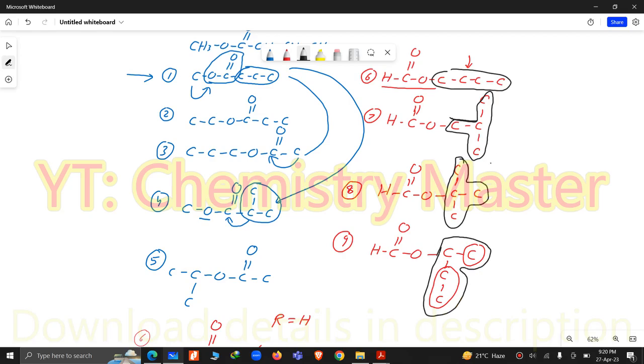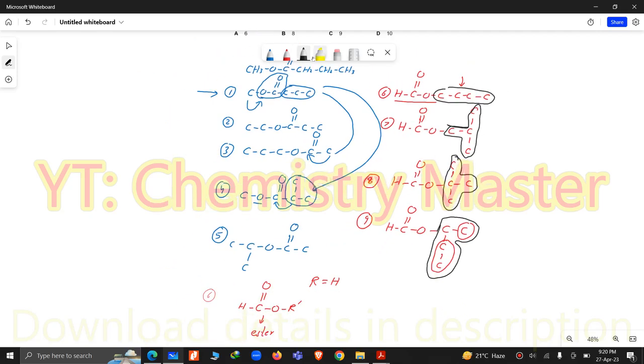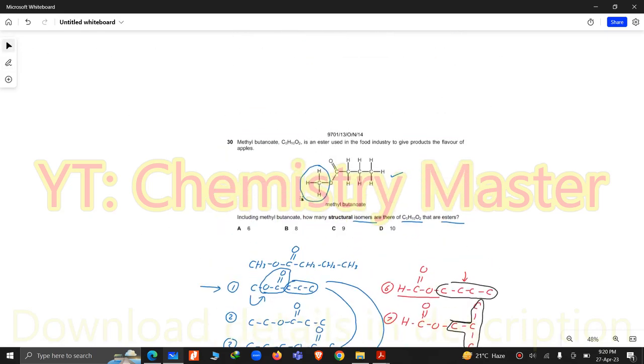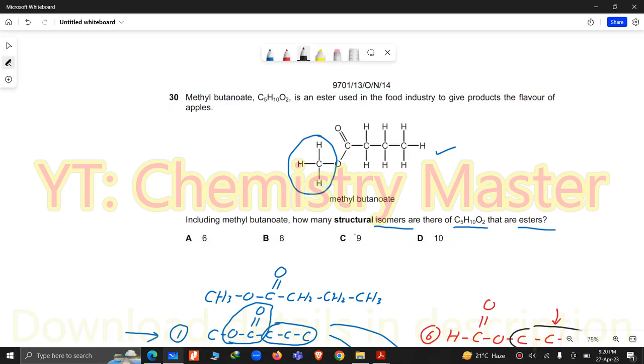So none of these isomers resemble each other, and that's how we get 9 different isomers, including the one which is already present in our question. So that's how the correct option becomes C. The correct option is C.